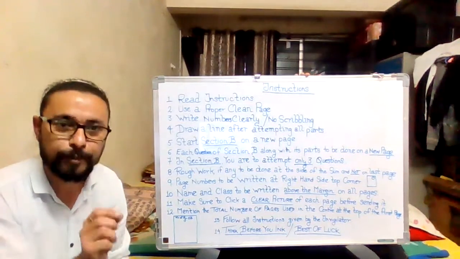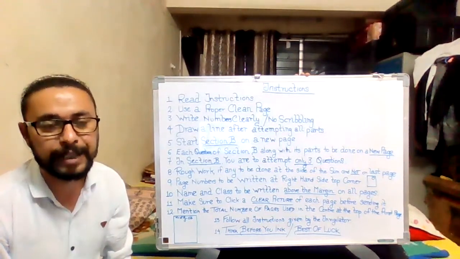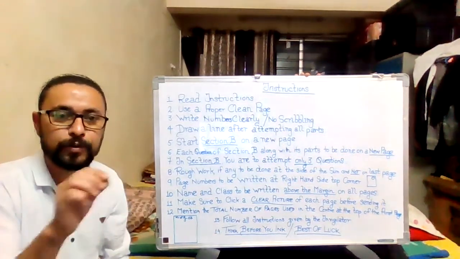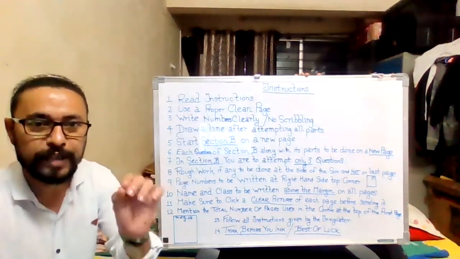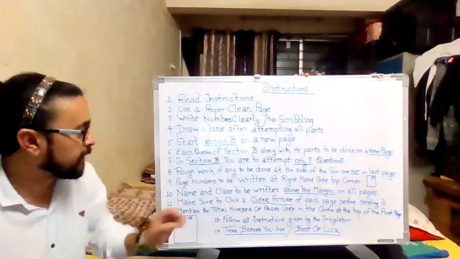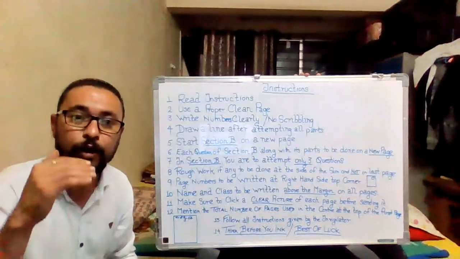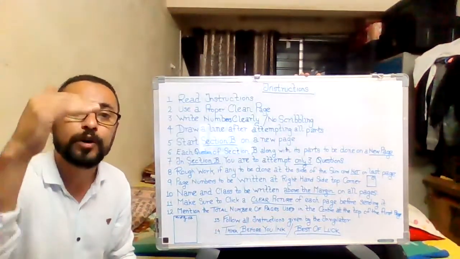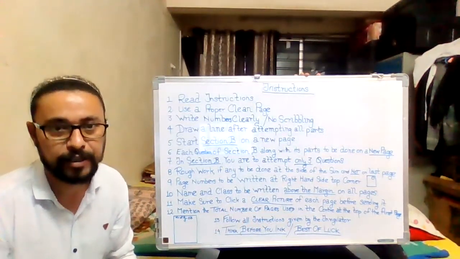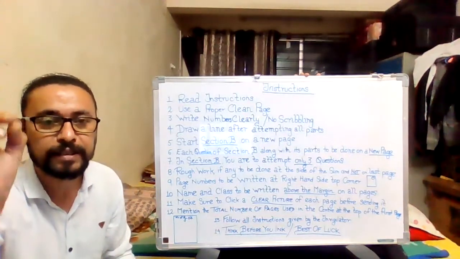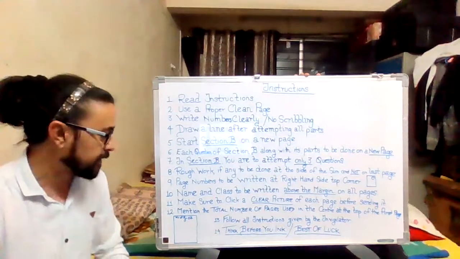Each side of a page will be given a page number. So page number 1, page number 2, 3, 4, 5, count them. How many pages are you clicking and sending? And therefore you mention the total number of pages used in the center on the first page above your name, class, and section. Right there in bold capital letters, total number of pages is equal to, and write the number.